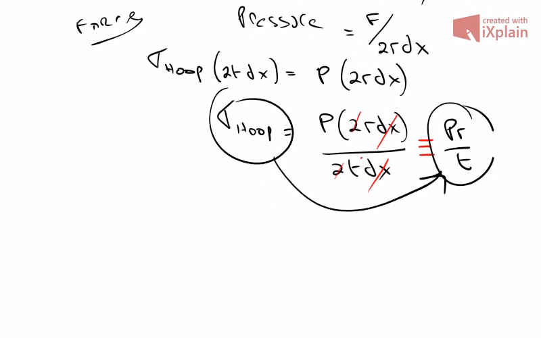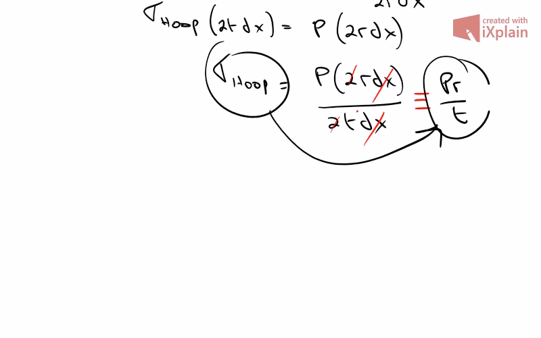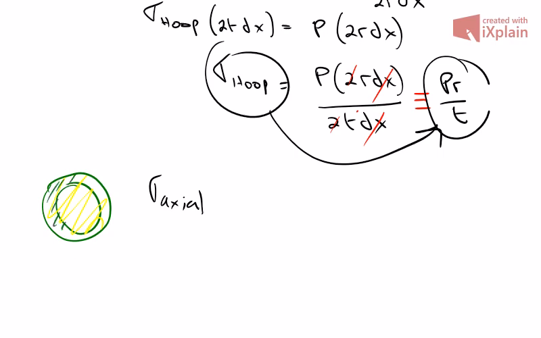If I do the same calculation for the axial stress, and a quick diagram of the axial stress we're talking about, we've got the total area and we've got the axial resisting force.